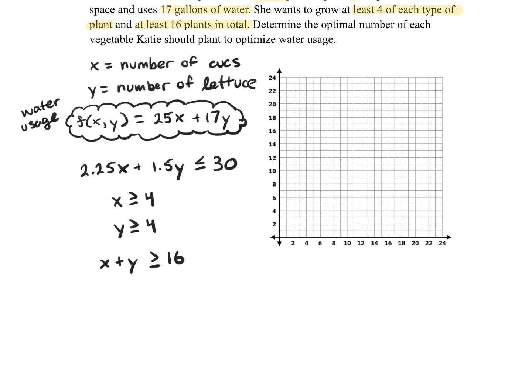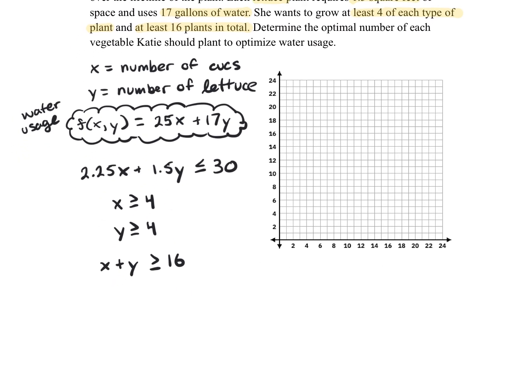All right, to help us graph this first inequality, I'm just going to rewrite it in slope-intercept form. So I'm just going to rewrite it down at the bottom here. So we have 1.5y is less than or equal to negative 2.25x plus 30.